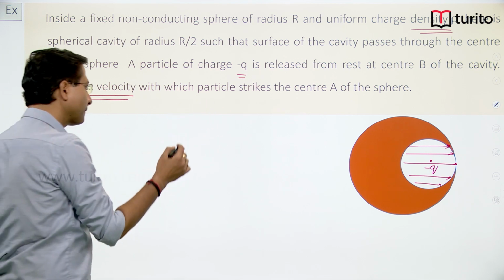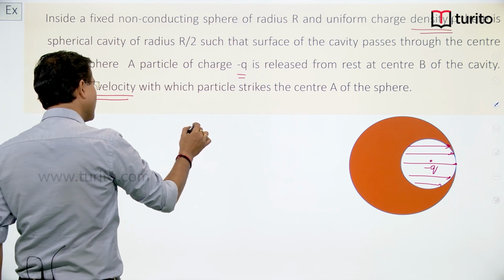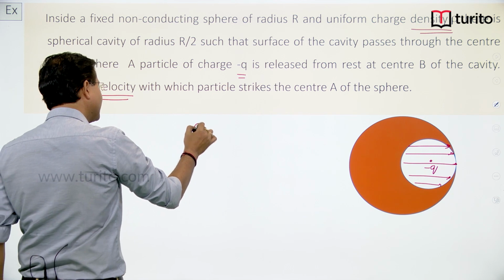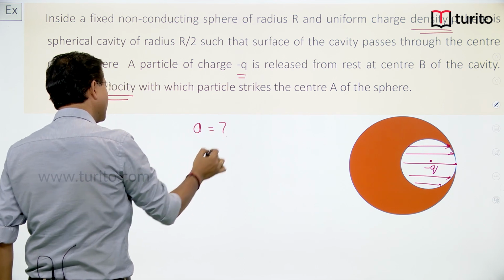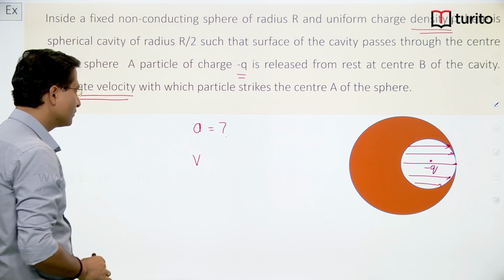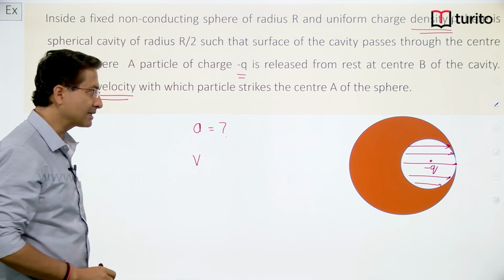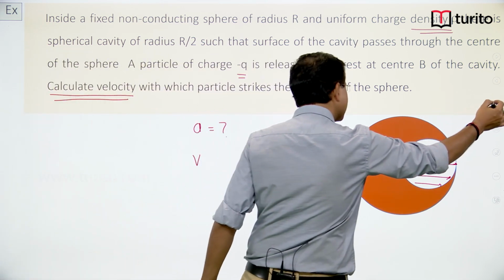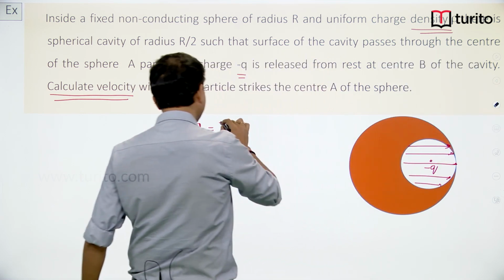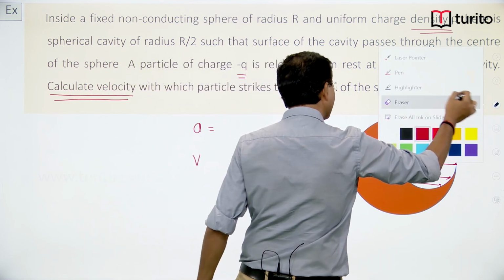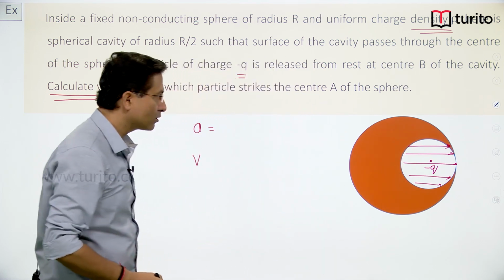So if I get the acceleration, I will get the velocity. What is the acceleration? Acceleration is force divided by mass. Force is what?